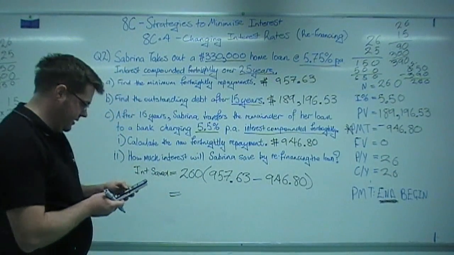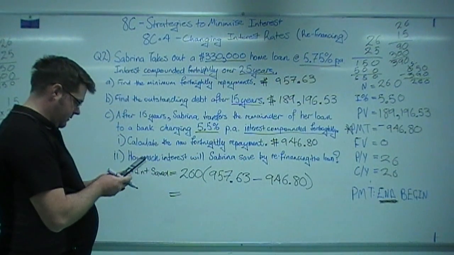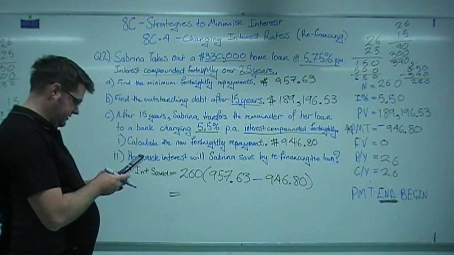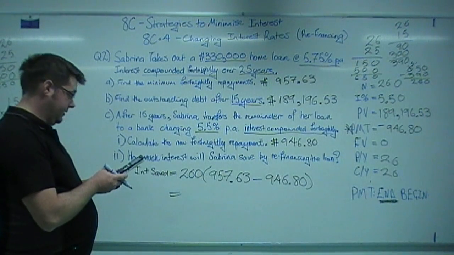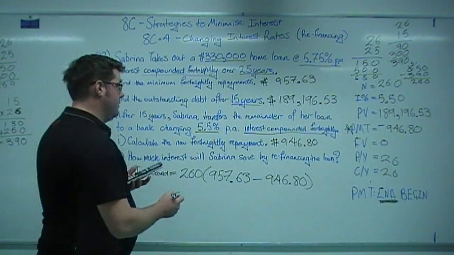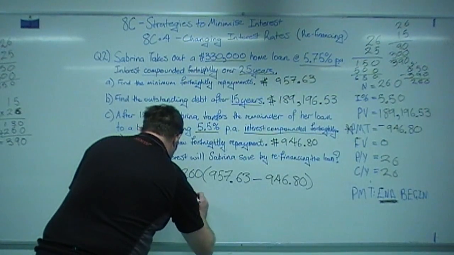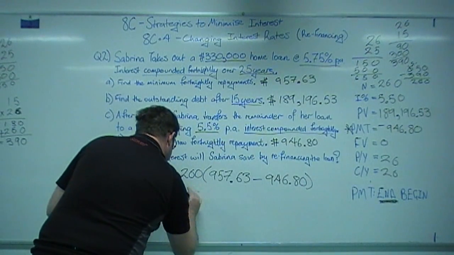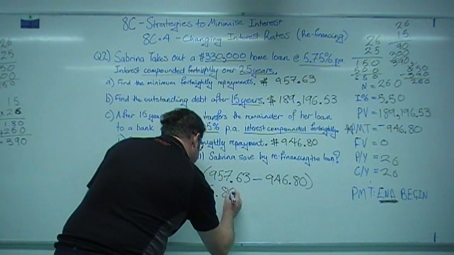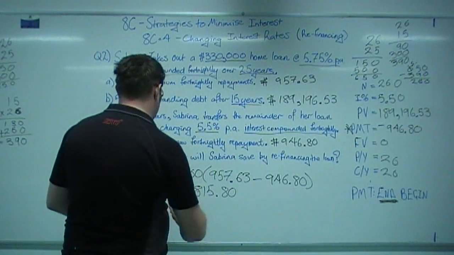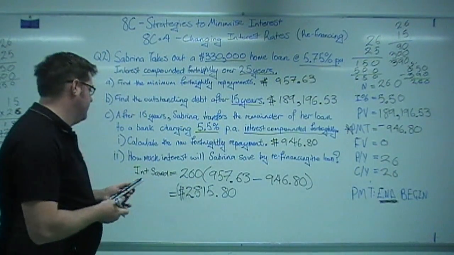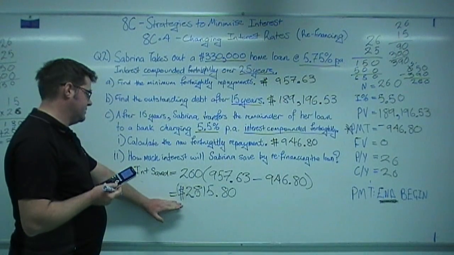If we quit TVM solver, stick that into our calculator, 957.63 minus 946.80, close bracket, enter that, finally we end up with 2,815.80. So we should probably put a $ sign in front of that, and there we go. Right, so the total interest saved is $2,815.80.